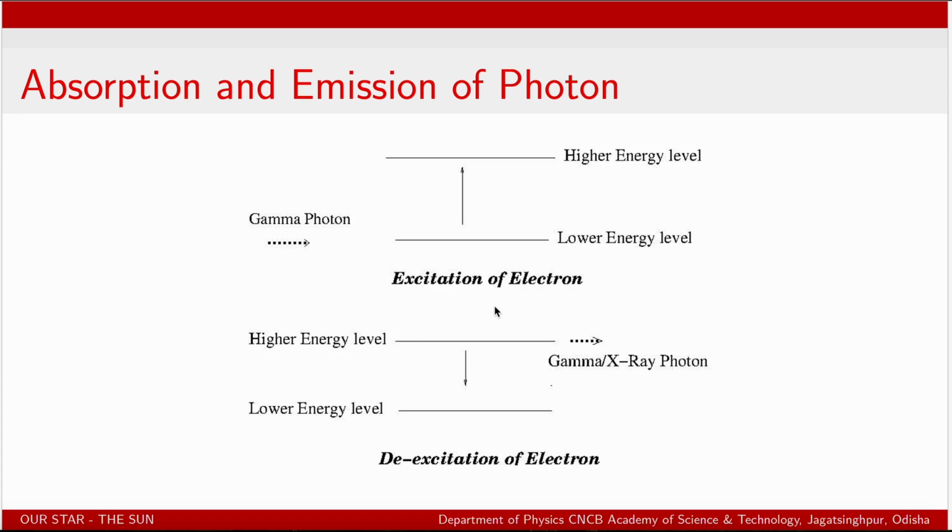The same electron may get de-excited by emitting a gamma photon or another photon of slightly lower energy, which may be an X-ray photon, and it may come back to a lower energy level. Now, the thing that we have to remember here is that the emitted photon is emitted in a random direction. It can be emitted in this direction, or this direction, or this direction with some probability.